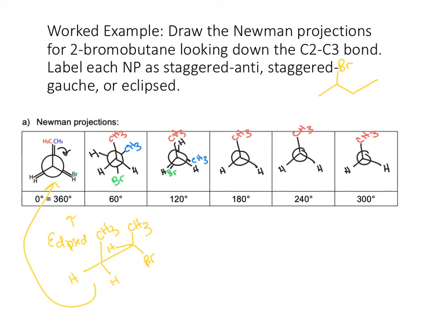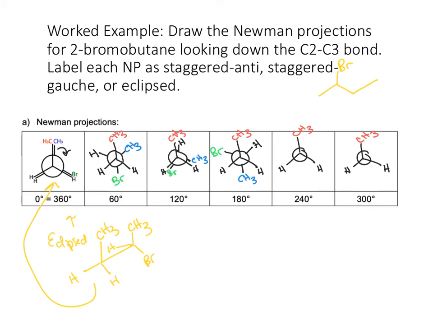Now rotate again. Now we're going to go to a staggered conformer, because we're always alternating between eclipsed and staggered. So now the methyl is going to be down here, the hydrogen will be over on the right, and the bromine will be up on the left.